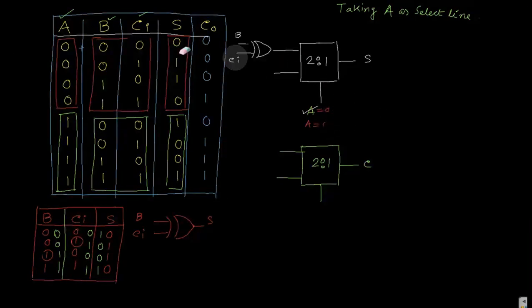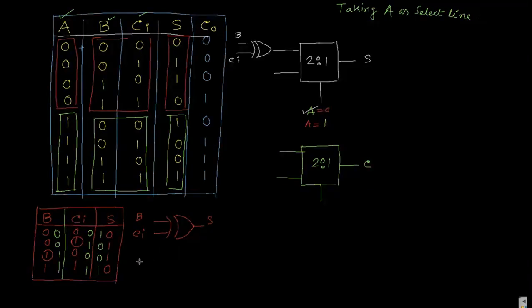Whether A is 0 or 1, the output in the first case is 0 1 1 0 and in the second case 1 0 0 1, that means it is reversed.